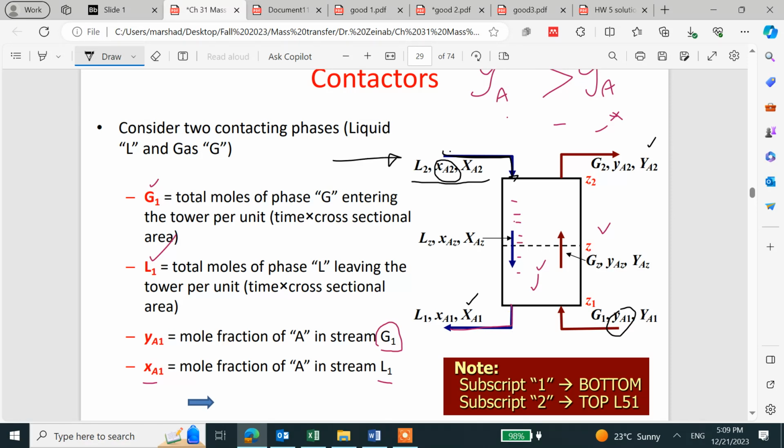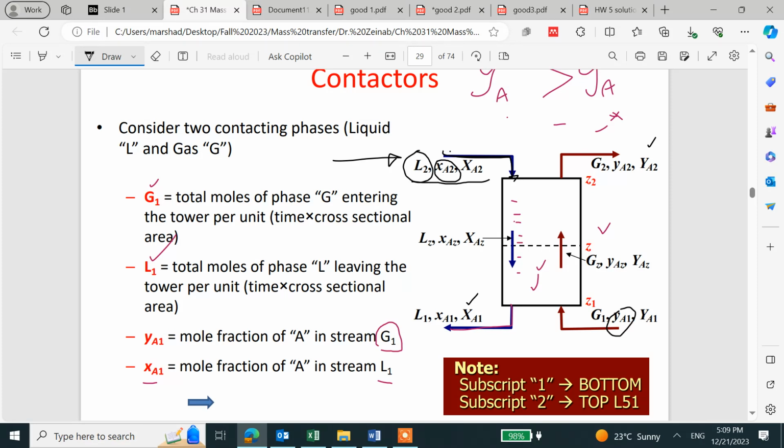How much flow rate do you need to achieve some separation, right? So what value should you use? I mean, you don't know. So first of all, try to find the minimum flow rate. Minimum flow rate means the minimum flow rate of solvent which will make the separation possible.